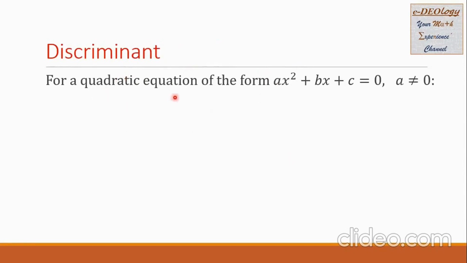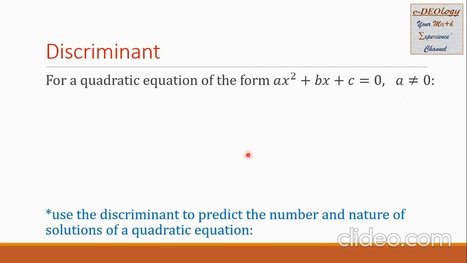For a quadratic equation in standard form, ax squared plus bx plus c equals 0, and a is not equal to 0, we are going to use the discriminant to predict the number and nature of solutions of a quadratic equation.